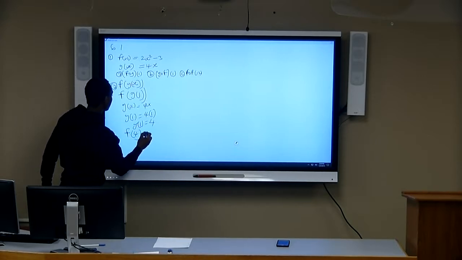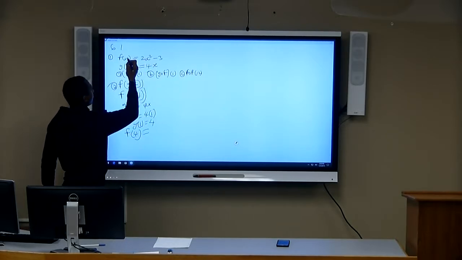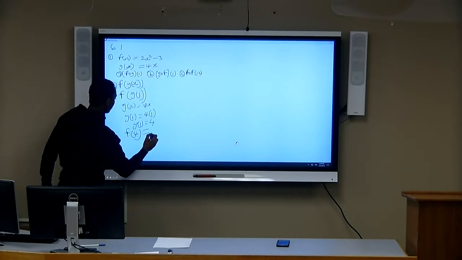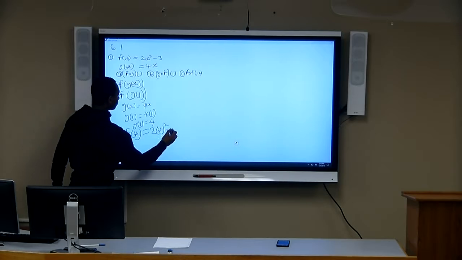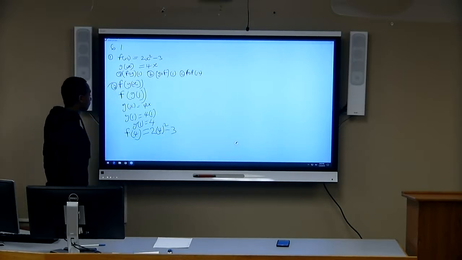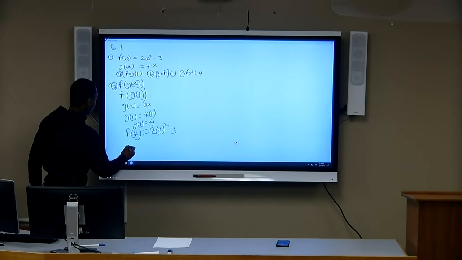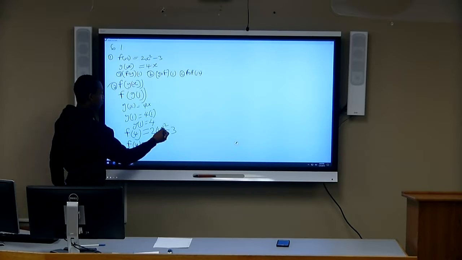So f of 4 is going to be equal to, we're going to put 4 inside the function of f. The function of f is 2x squared minus 3. So that's going to be 2 times 4 squared minus 3. 4 squared means 4 times 4, 16.